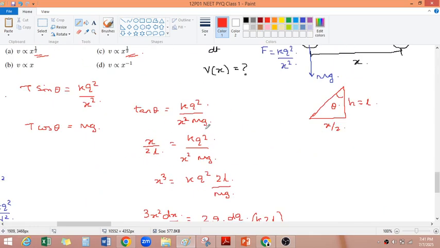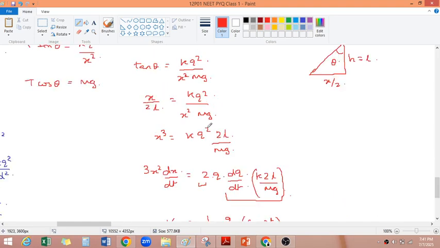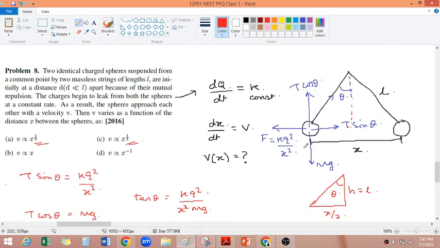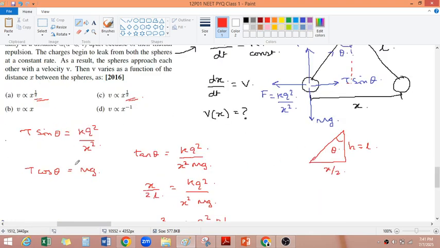It may look like a complicated problem, but again, as always I say, if you know these concepts... what is the concept here? This force is equal to this force, which means it is in equilibrium, which means it can be static or it can be moving with a constant velocity.